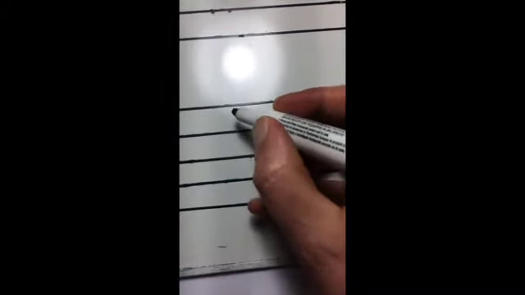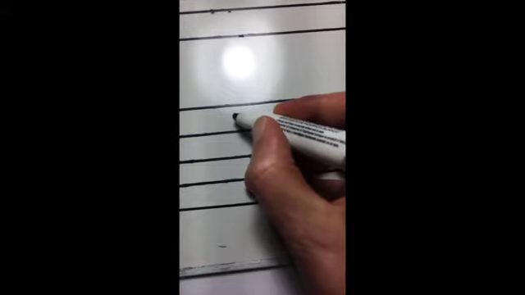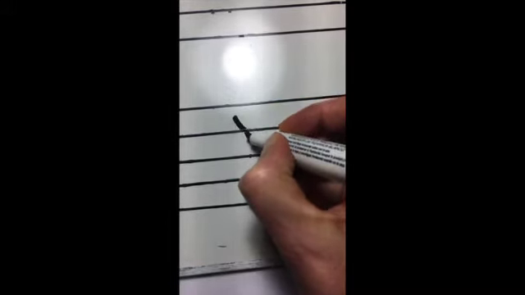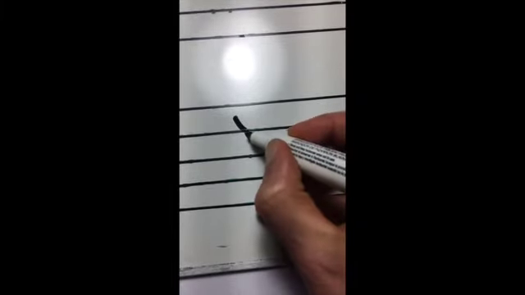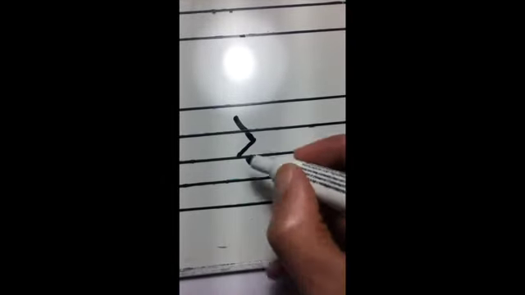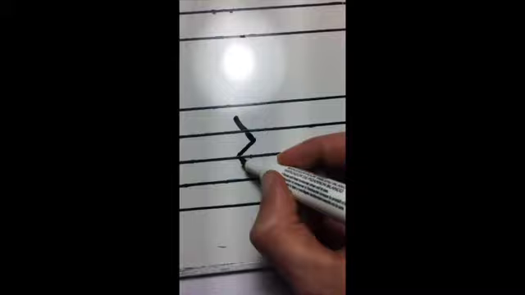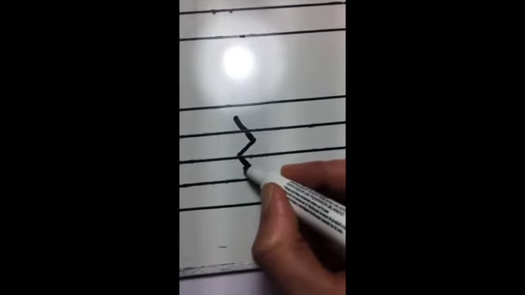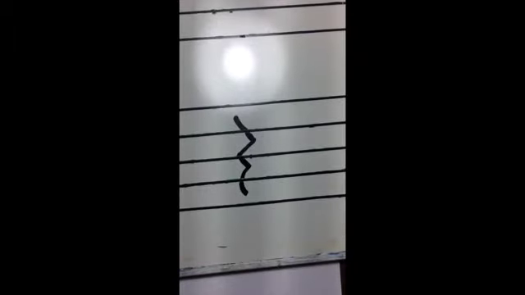I have to go from the middle of the top space, cross the fourth line to the middle of the next space, the third space. Then down to the middle line, the third line, then down to halfway through the next space, and then we do our curved line. So that's a quarter rest. Quarter rest is equal to 1 beat.